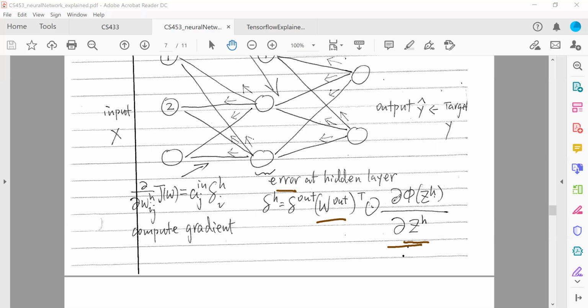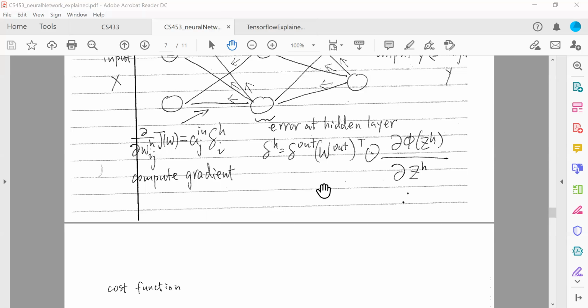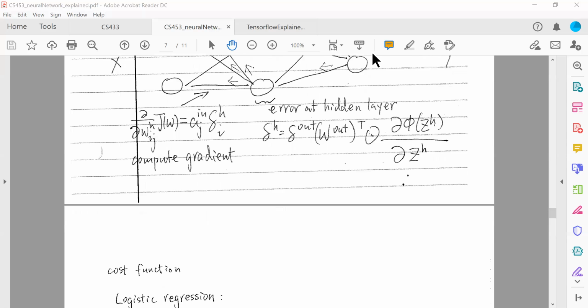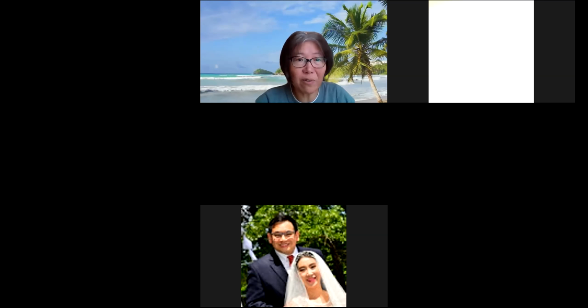So that's the basic concept of back propagation. Next, let's see the example.